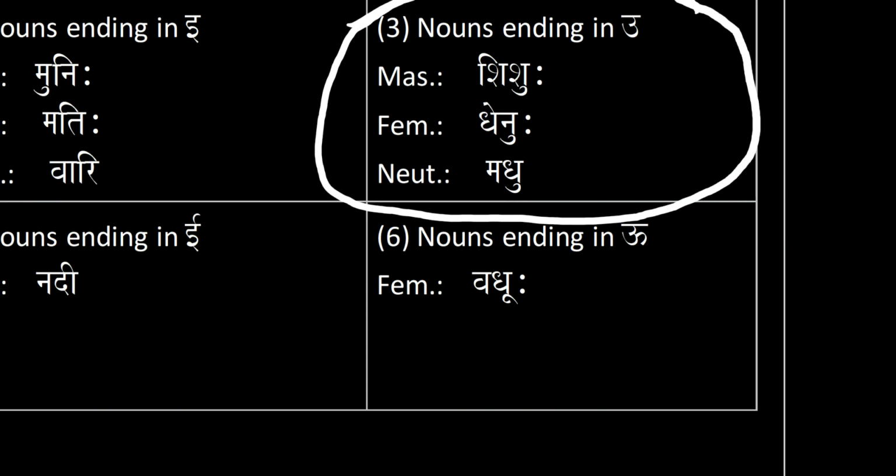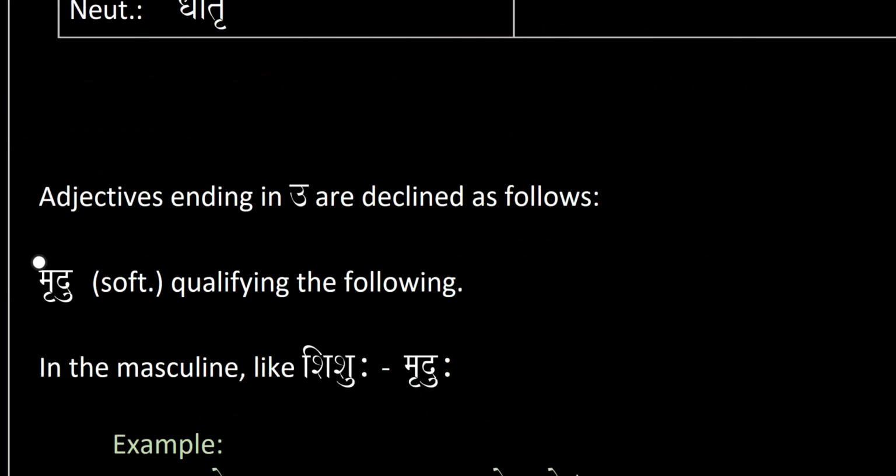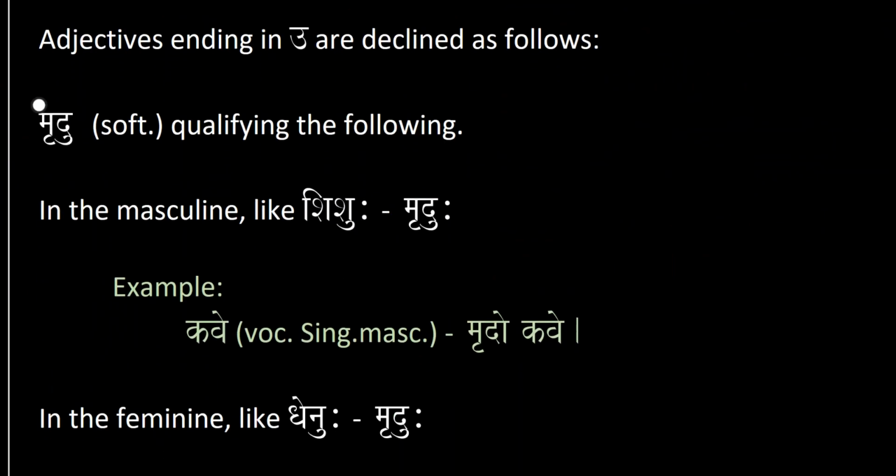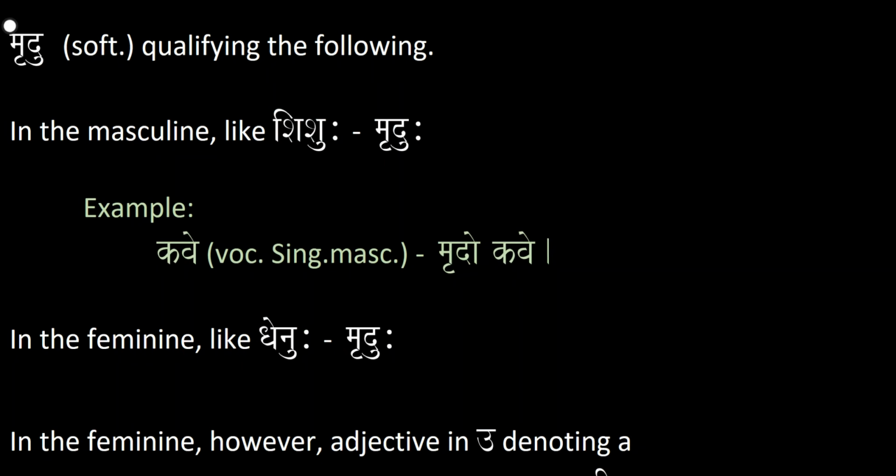And if the adjective describes a neuter noun, it is going to be declined like madhu. So mridu, soft. In the masculine, like shishuhu, we are going to turn mridu into mriduhu so that it could resemble shishuhu, and then you would go along with declining it.